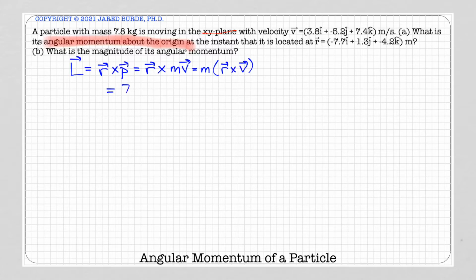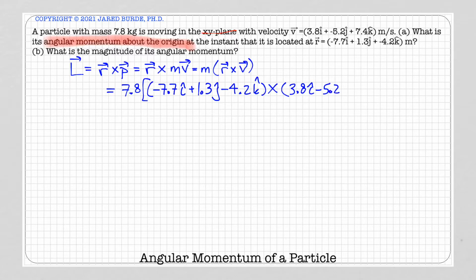So I know what my mass is. It's 7.8. And then I'm going to multiply that by r. I'm going to cross that with v.